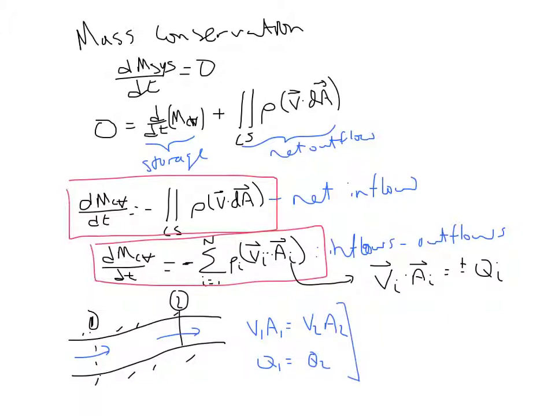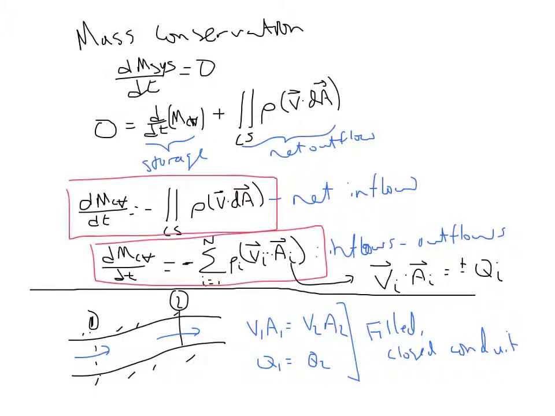This is for a filled, closed conduit. And so I want to distinguish that result from the rest of these mass conservation statements, because it's an application of mass conservation that allows us to conclude that. And this shows that velocity goes up as cross-sectional area goes down in a way that conserves mass.